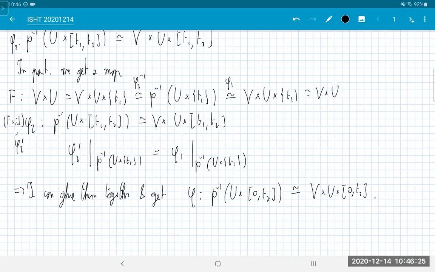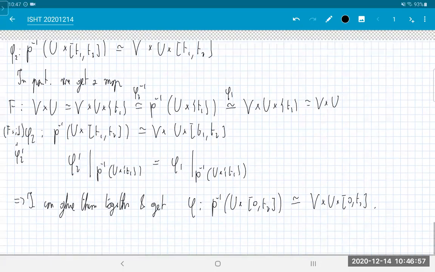It's the same proof as the unique lifting property for covering spaces, if you remember. Essentially, intervals are easy. You can do one step at a time, and then you can go inductively until you get to Tn. Okay, so this was the easy step.